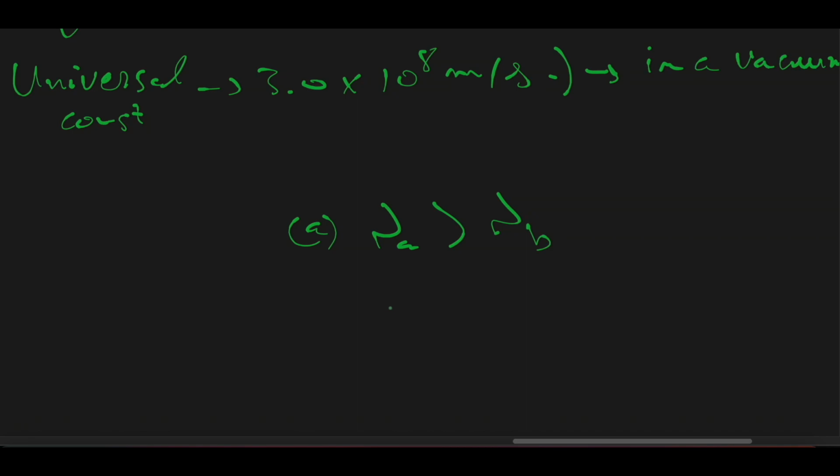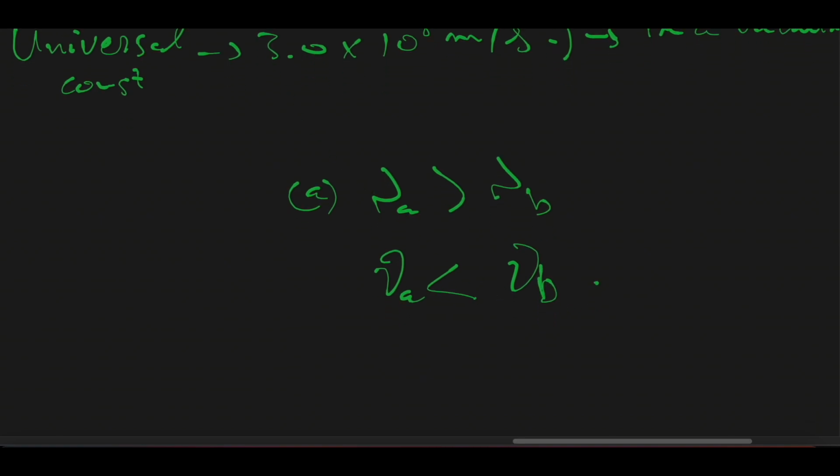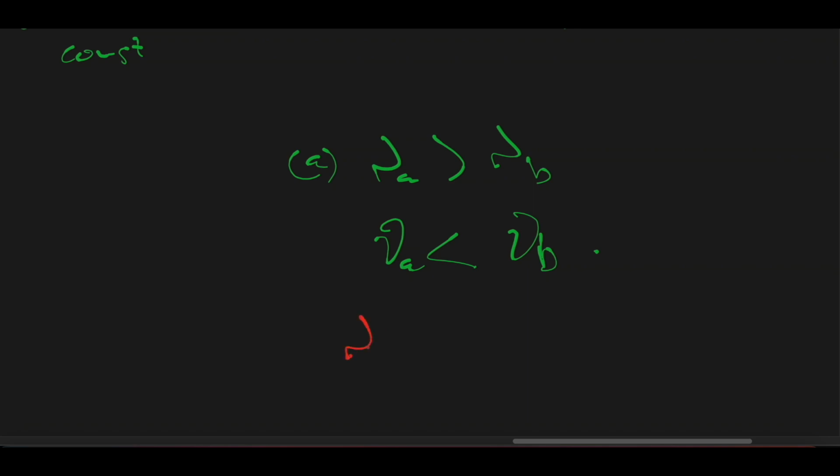So the frequency of A is smaller than the frequency of B. So the relationship between lambda and frequency is inversely proportional.